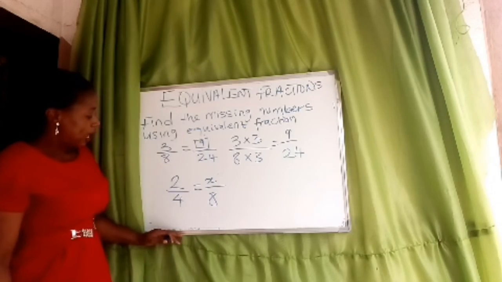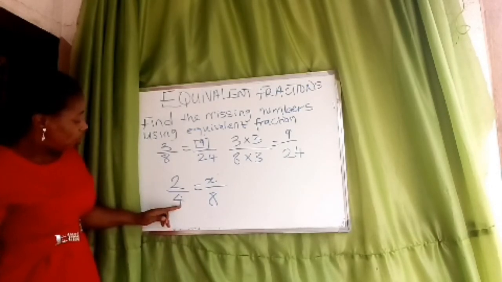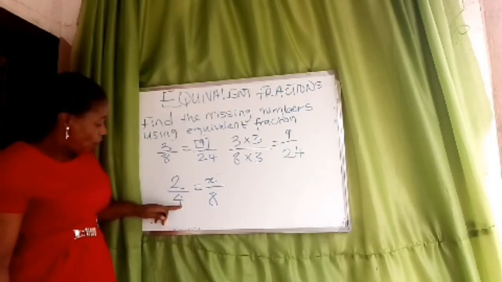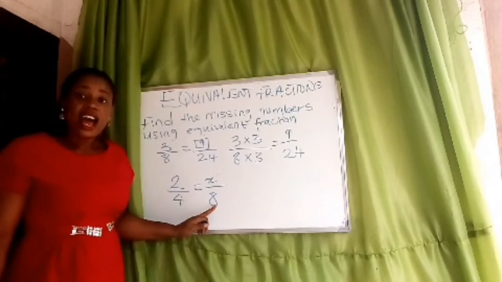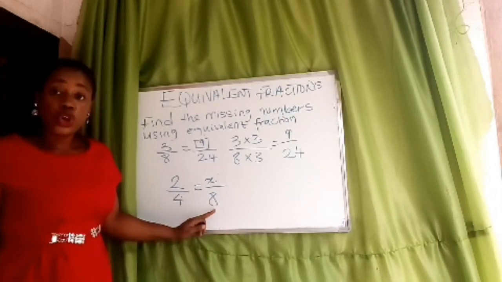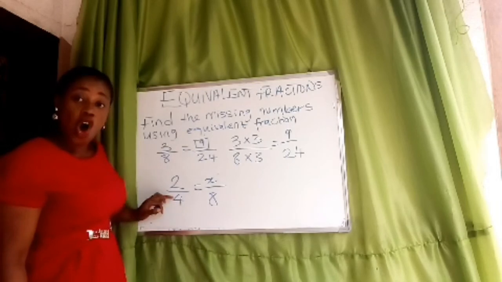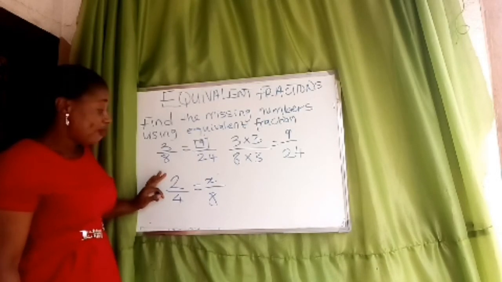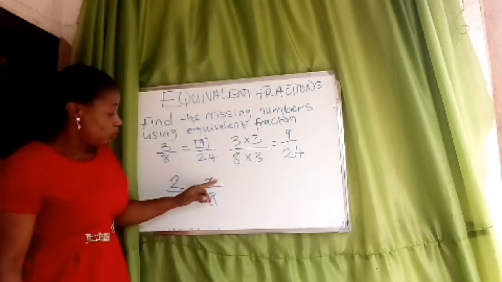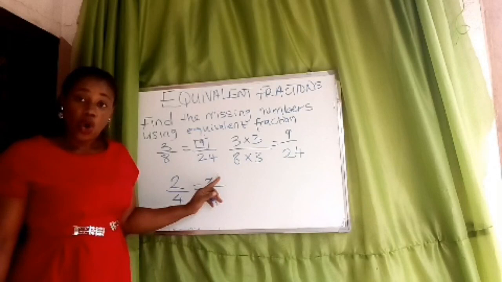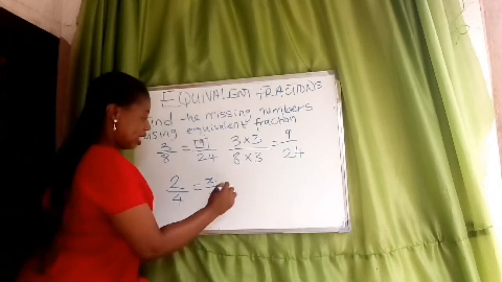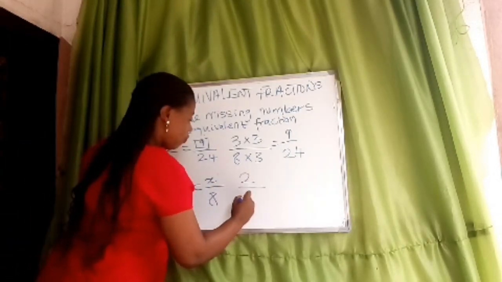The same thing applies to this 4. What number multiplied by this 4 will give 8? And that is 2. So you use 2 to multiply the numerator and the denominator of this fraction. Whatever the answer is, that will be the value of x. So let's answer that. 2/4.